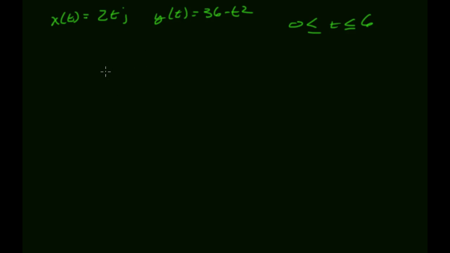And I have some particle here. This thing's on some curve. I don't really care how that curve goes. I could be more accurate with my drawing. But this particle is on some curve from time t equals 0 to some time t equals 6 seconds later.